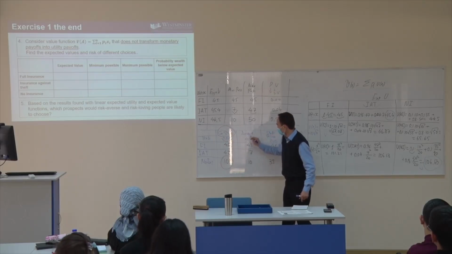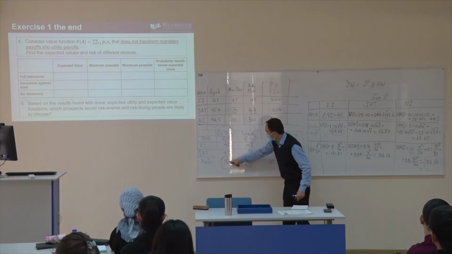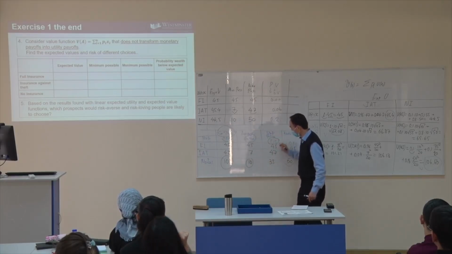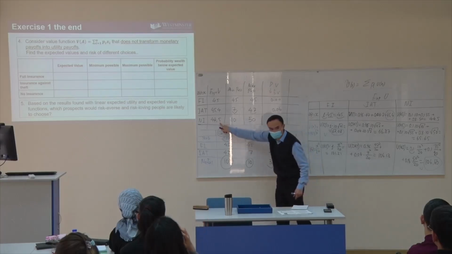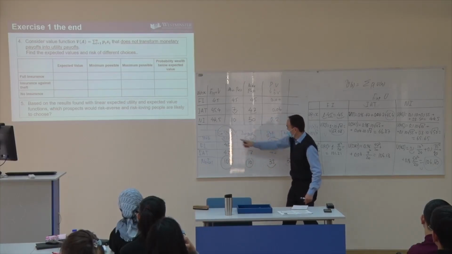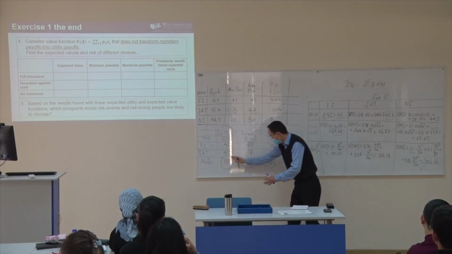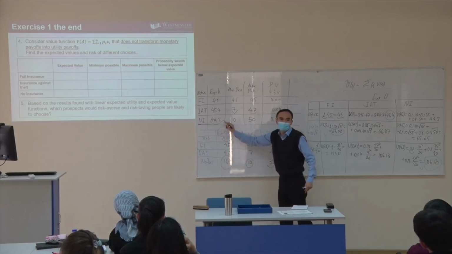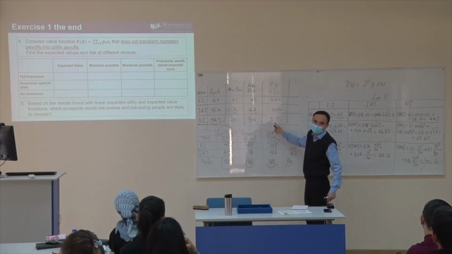If accident, 4%, we will end up with 10 sums. Is it less than our expected utility? Yes. And we have another 10% probability where it will be 35. This one is also less than this one. So now there is 20% probability that our payoff is going to be less than our expectation. Okay, so therefore it's 20. All right? Done.